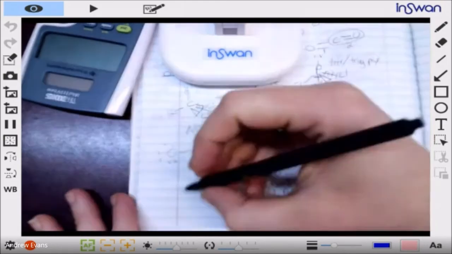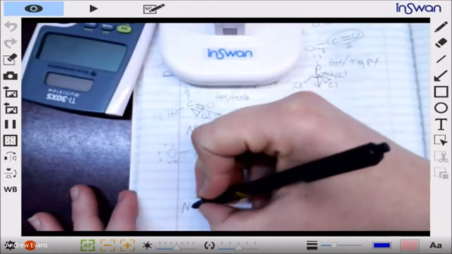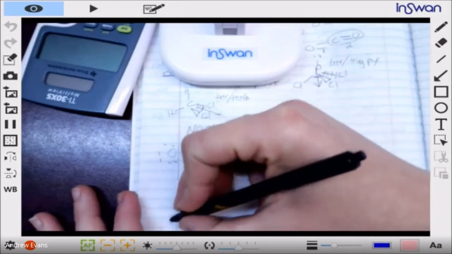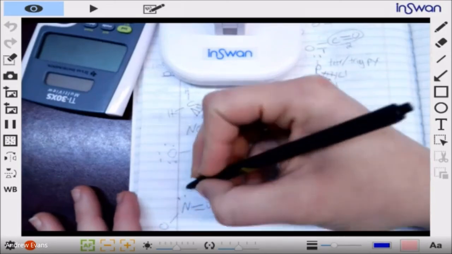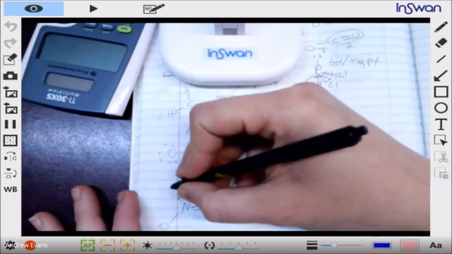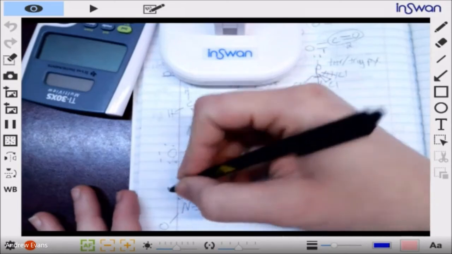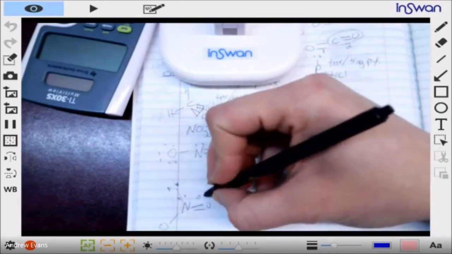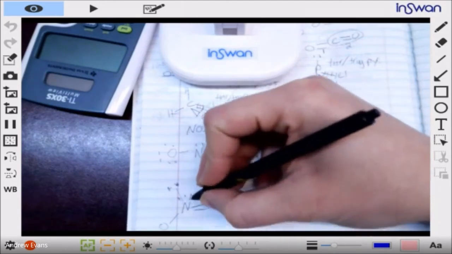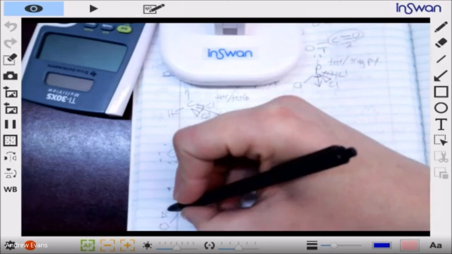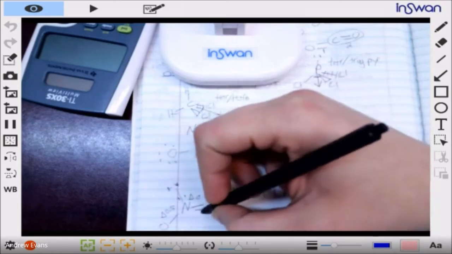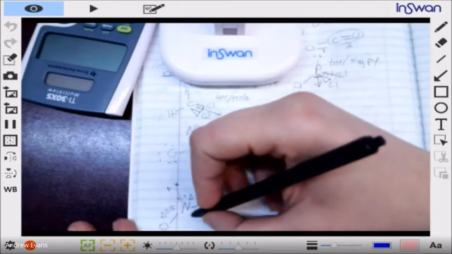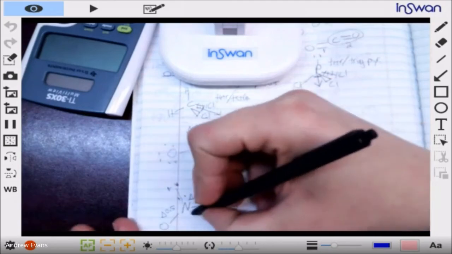Now, is this polar? We look at this structure, the trigonal planar bent structure. N and O, the electronegativity difference here is 0.5. So is this a polar bond? Yes. Is this a polar molecule? Yes.